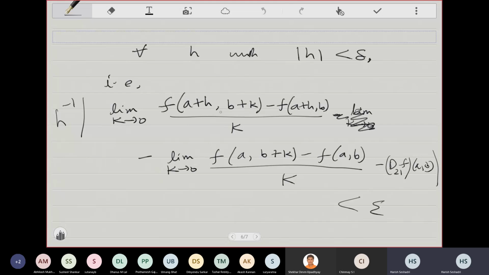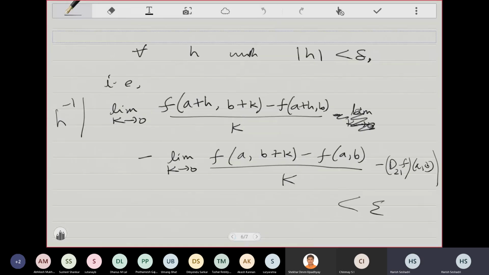Now I just combine these two limits. It's the same k. I should be a bit careful: this h inverse does not come out of this, h inverse is only here.